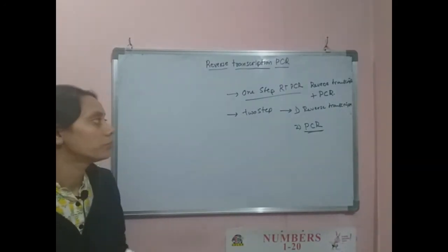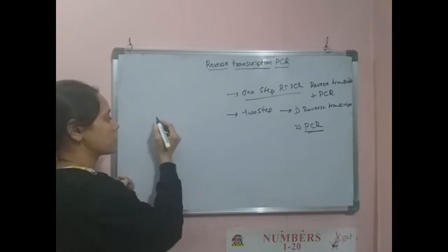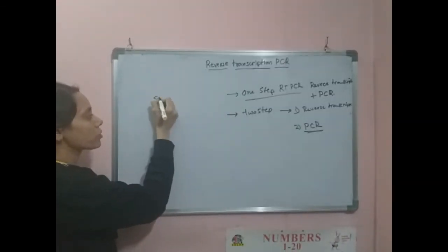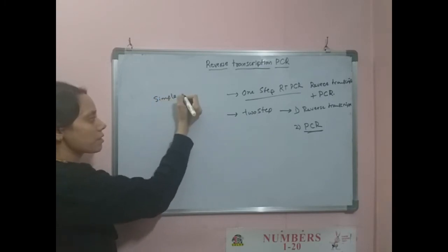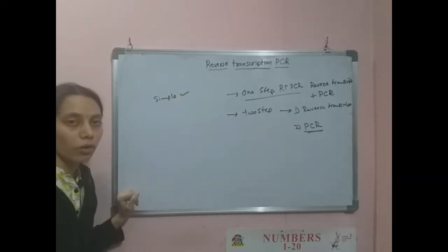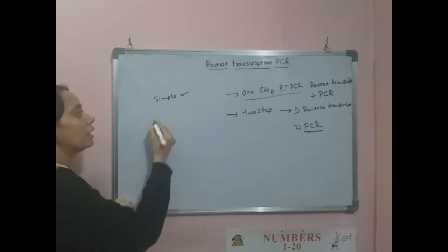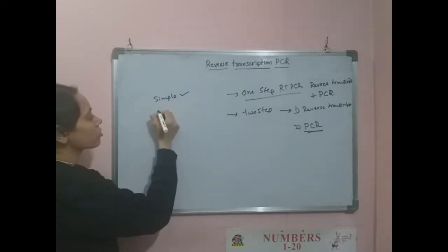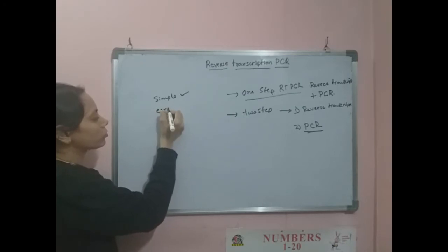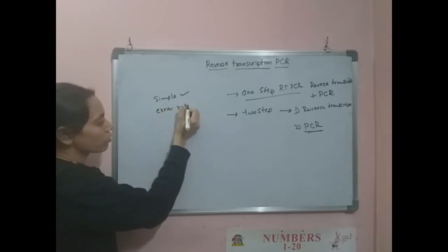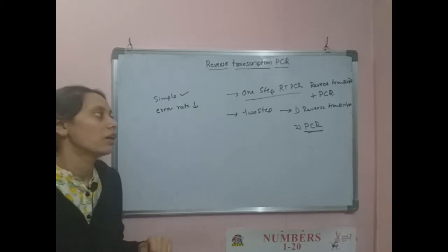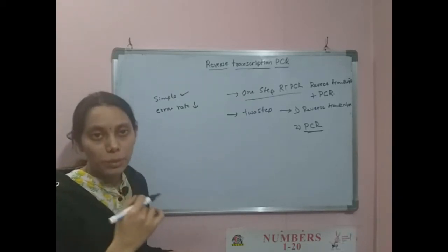Coming to that point, one-step RT-PCR is basically a simplified process because in a single step we are going to perform all the reactions, and it is less prone to errors. The error rate is low for the one-step RT-PCR because there are fewer pipetting steps.